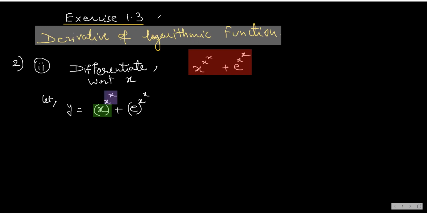So see here, I notice that it is variable raised to variable, so I will take log on both sides. But then once again I notice a big trouble here: we got a plus sign. If I take log on both sides, I will get log of y equals log of this whole sum, which will be in the form log of m plus n, and that is not allowed.